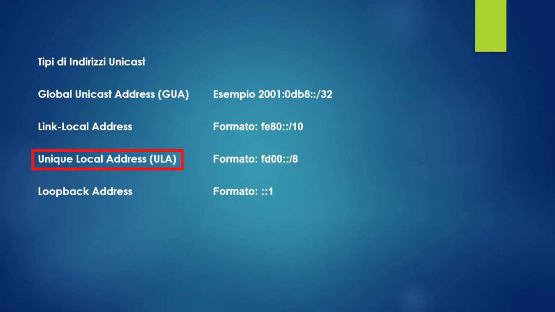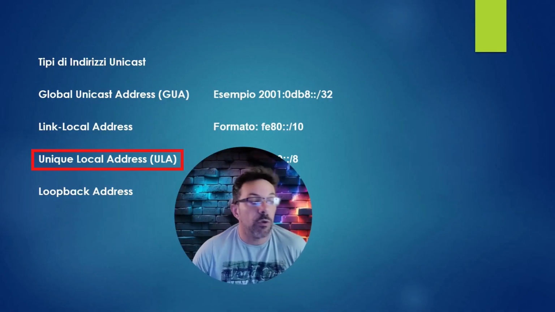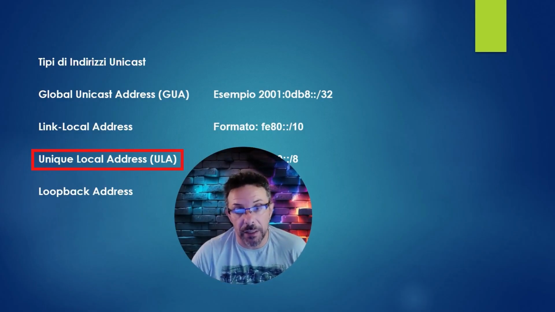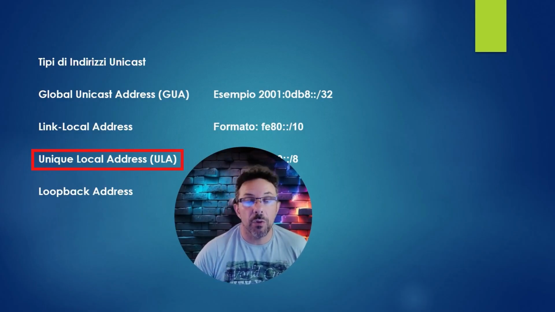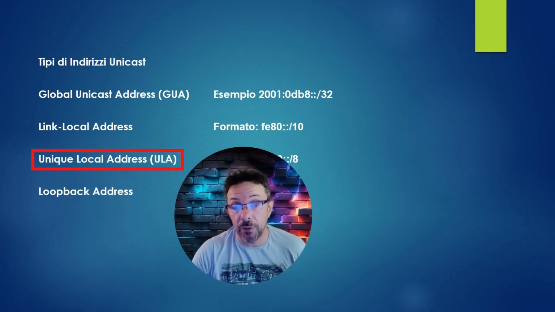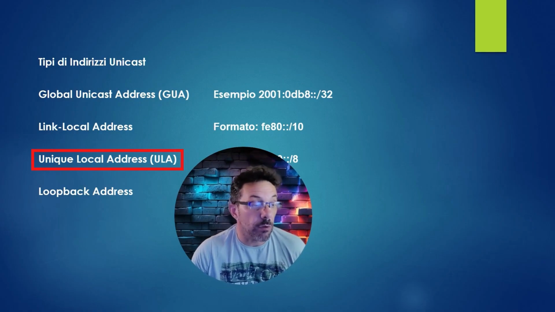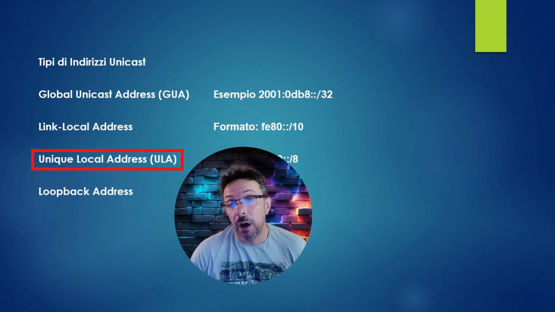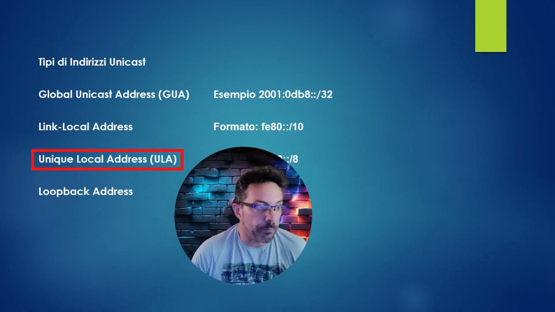It means that if I have two interfaces, for example, one with a ULA address and the other with another ULA address, I can route between these two interfaces, but I can't go on the internet. I could go on the internet, as I mentioned at the beginning, with NAT66, but this practice is discouraged. So here too, you always have to consider the requirements and the state of the network, because some things are possible, others you can't do, and some are not recommended, and this is one of them.